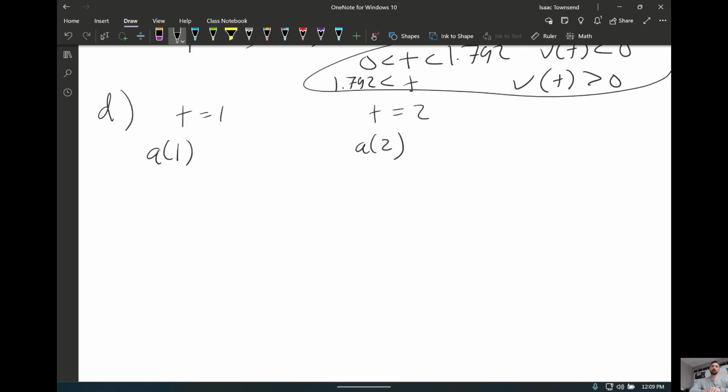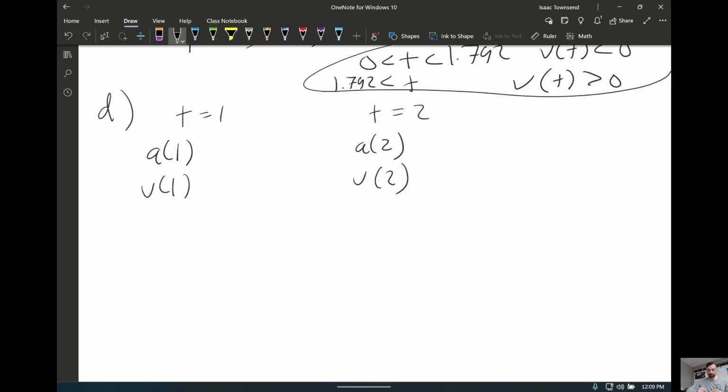Direction. Okay, and how do we know direction? With velocity. So you need to know the velocity and acceleration at time 1 and the velocity and acceleration at time 2. So we have both of these things. It's just a matter of plugging them in.